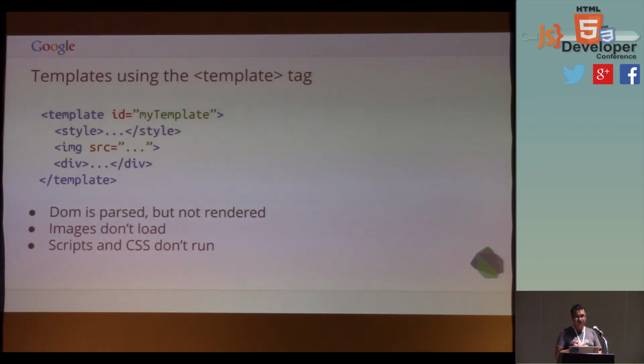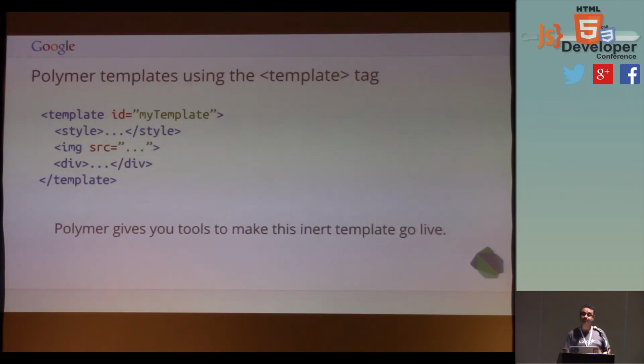But the image doesn't load, scripts don't run, any CSS in there is not run, none of that. This is inert markup. You just throw it in there, and it sits there unless you decide you want to do something with it. And Polymer gives you lots of tools to make this inert markup come alive.